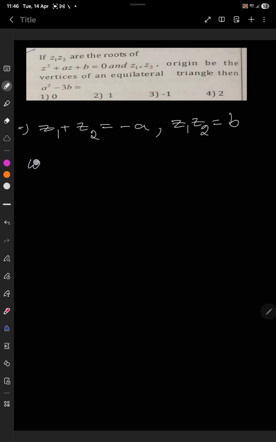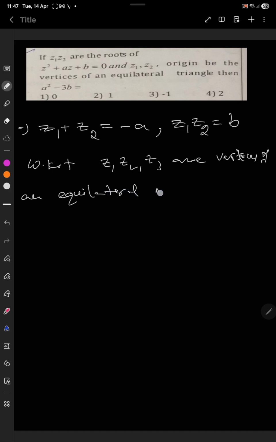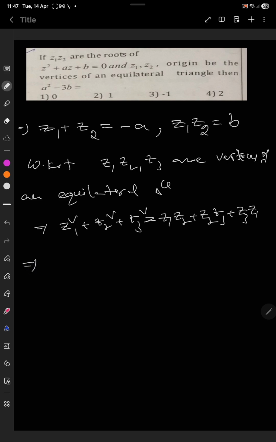We know that if z1, z2, z3 are vertices of an equilateral triangle, that implies z1^2 + z2^2 + z3^2 equal to z1 z2 + z2 z3 + z3 z1.